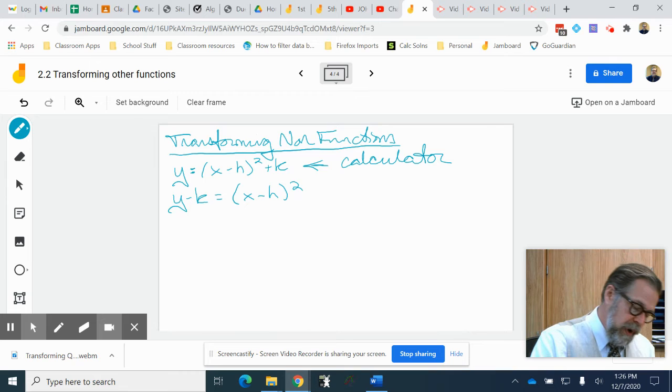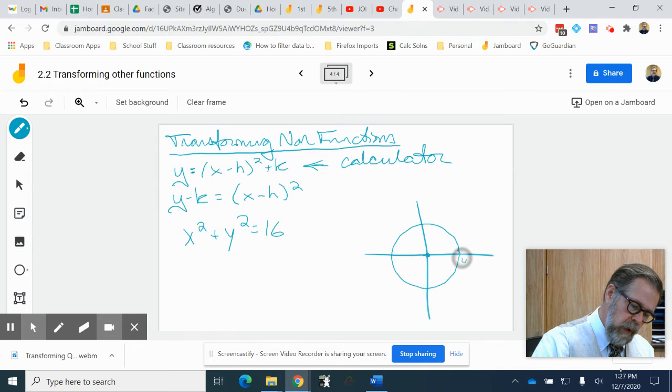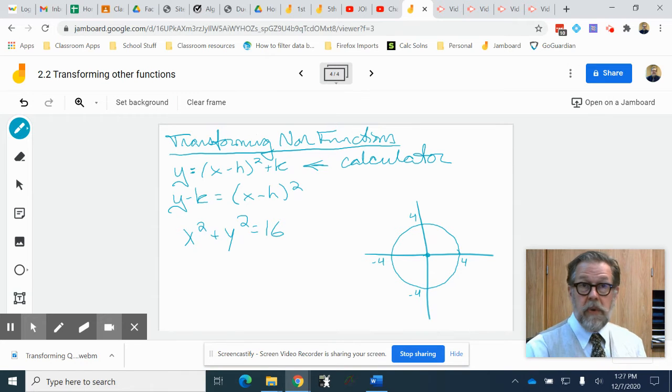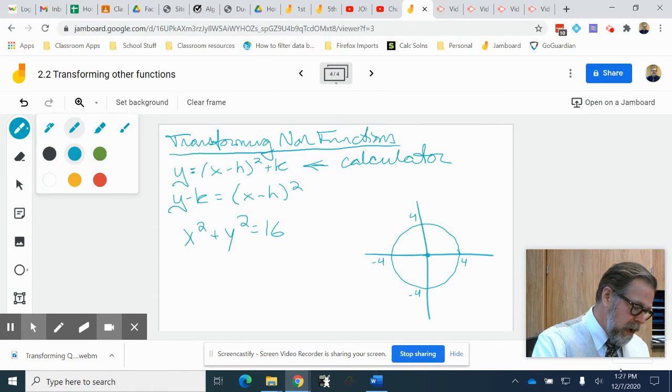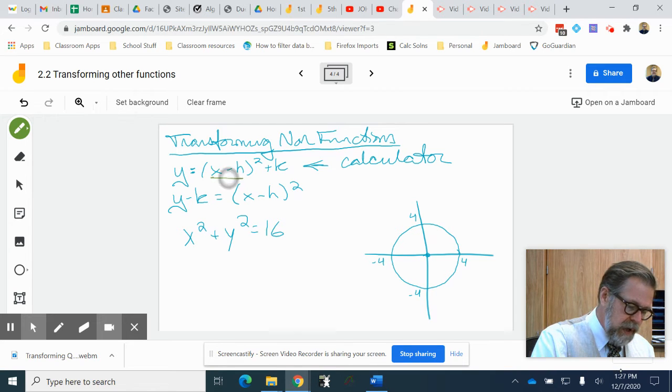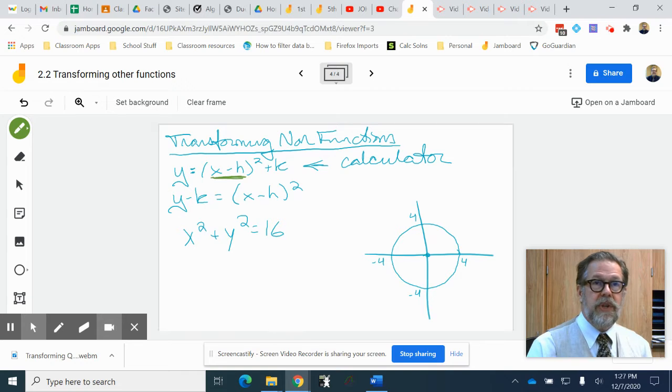And the reason I bring this up is let's take a look at a circle of radius 4. So if I were to graph this, it has a center at (0, 0). It's got a radius of 4. And let's say I want to transform it. Well, what I'm going to do is I'm just going to say, hey, I replaced x with x minus h.